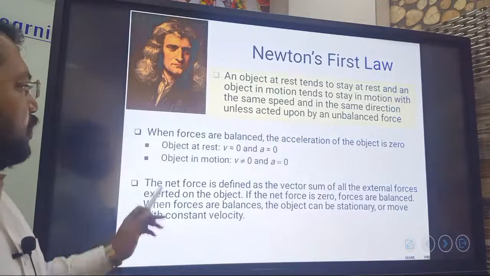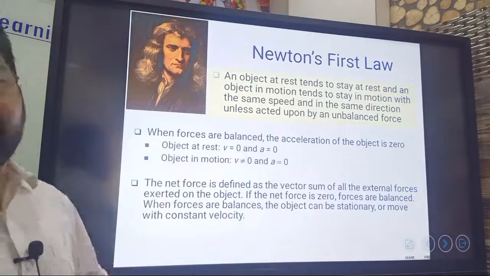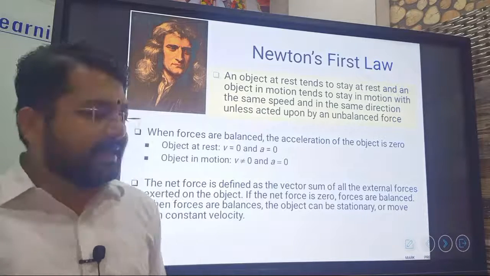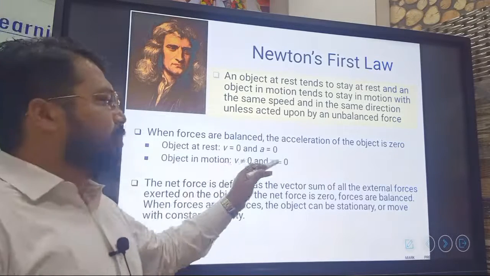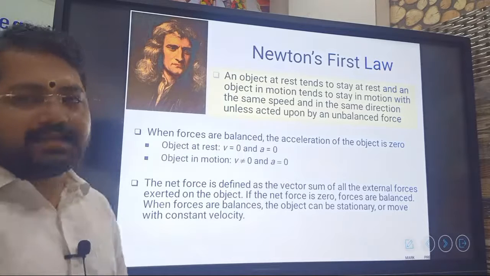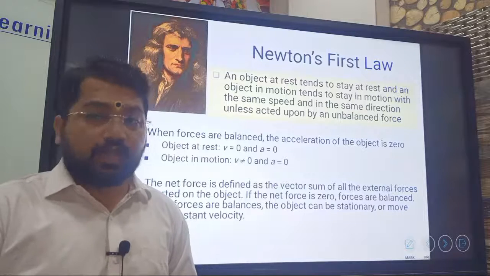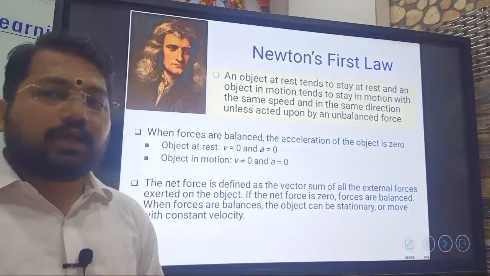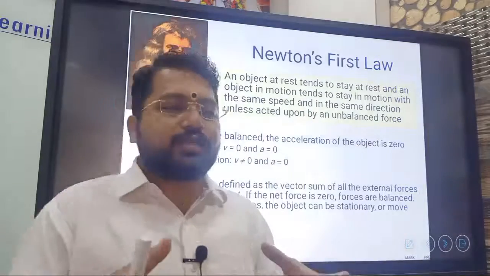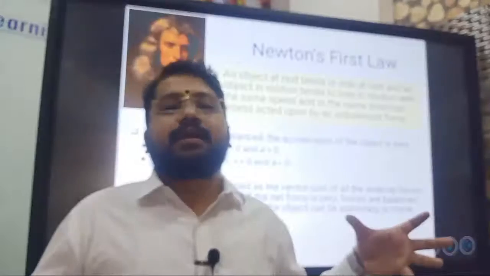Newton's first law: when forces are balanced, the acceleration of the object is zero. What will the acceleration be? Zero. How? If the force is completely balanced, there will not be any acceleration.